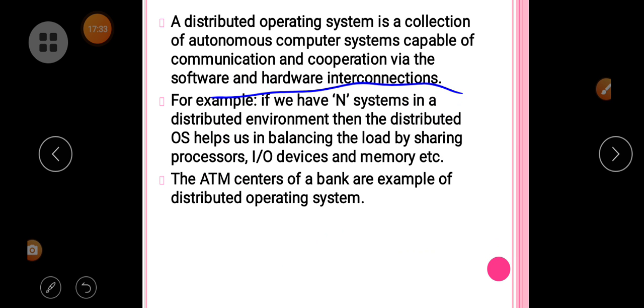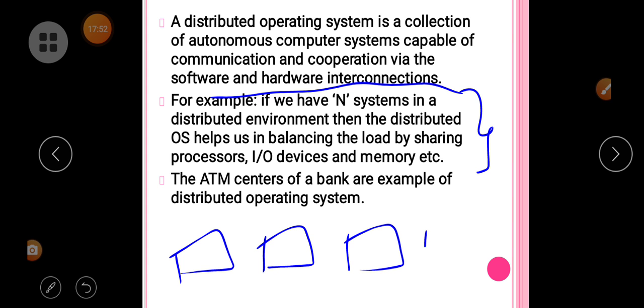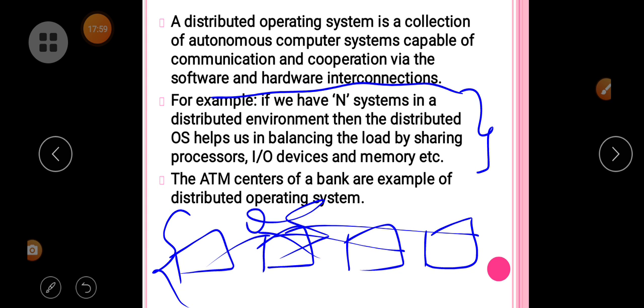For example, if we have n systems in the distributed environment, then the distributed OS helps in balancing the load by sharing the processors, input output devices, and memories. So if there are n systems like this, one after the other, and only one OS is used, the OS has to be distributed for all the systems.